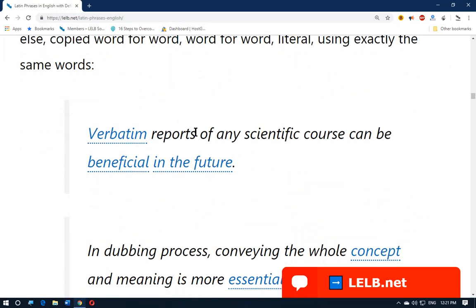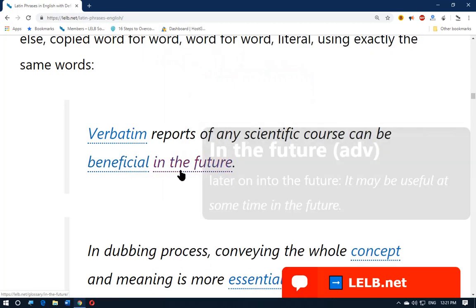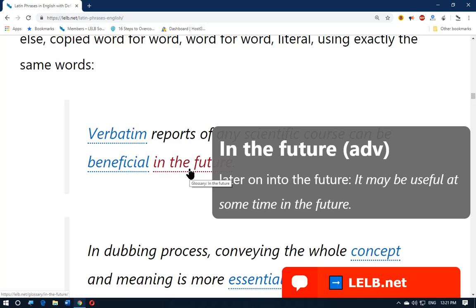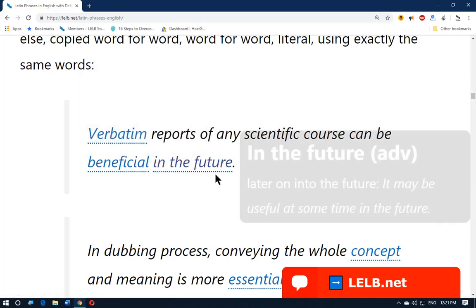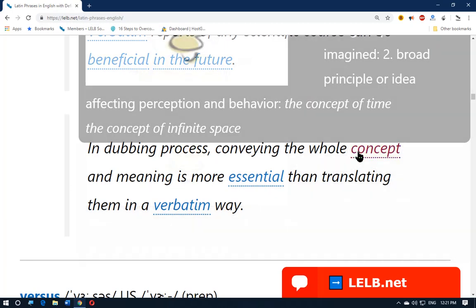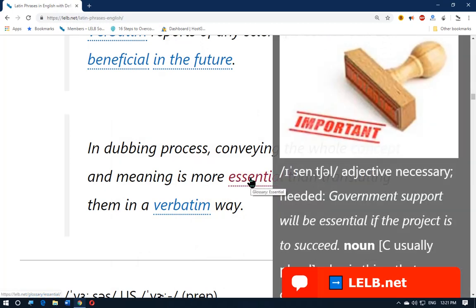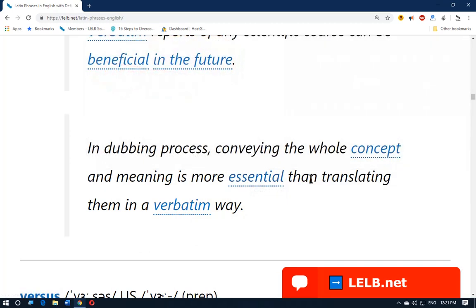Verbatim reports of any scientific course can be beneficial or useful in the future, later on. Even for the future we have a flashcard. So in the dubbing process, conveying the whole concept or idea and meaning is more essential, means necessary and important, than translating them in a verbatim way.